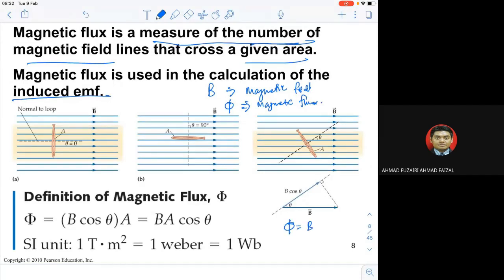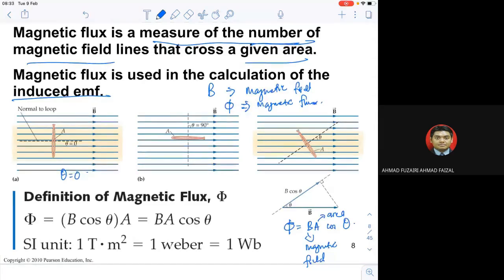Flux is BA cos theta. What is B? B is magnetic field and A is the area. Magnetic field and area, and theta is the angle between the flux and the magnetic field. So let's look at figure A if we want to learn about theta. Theta in figure A is 0.